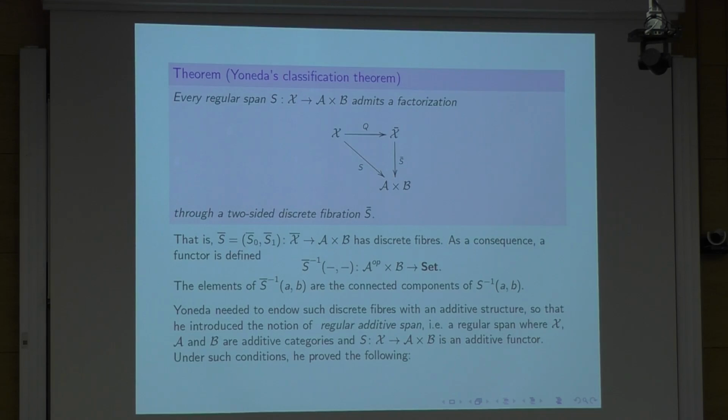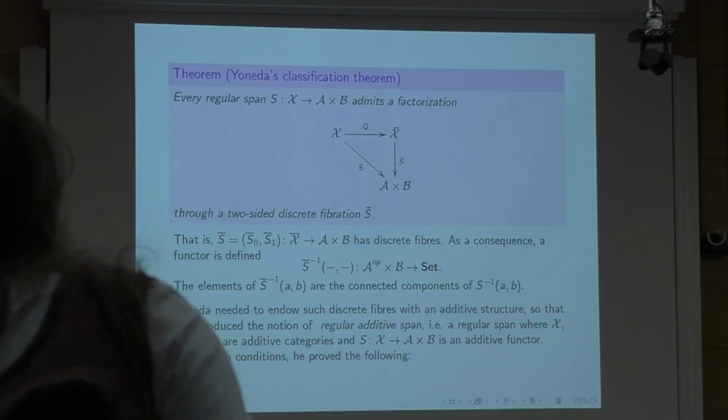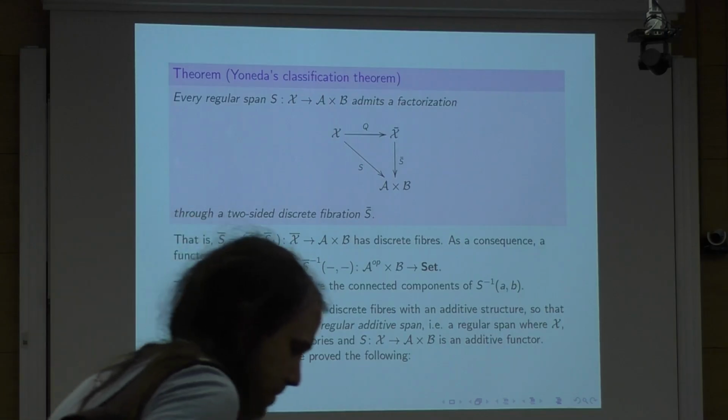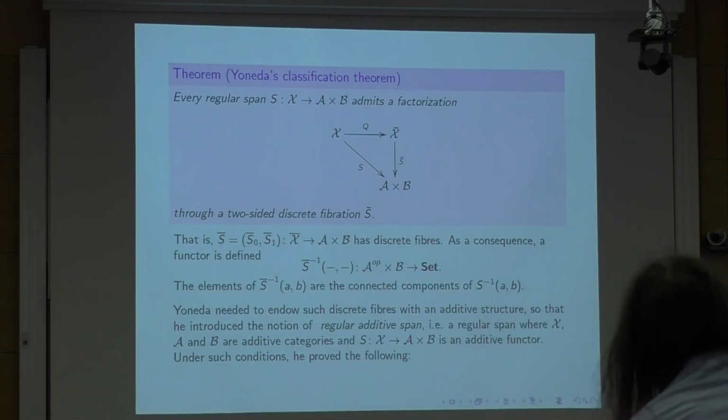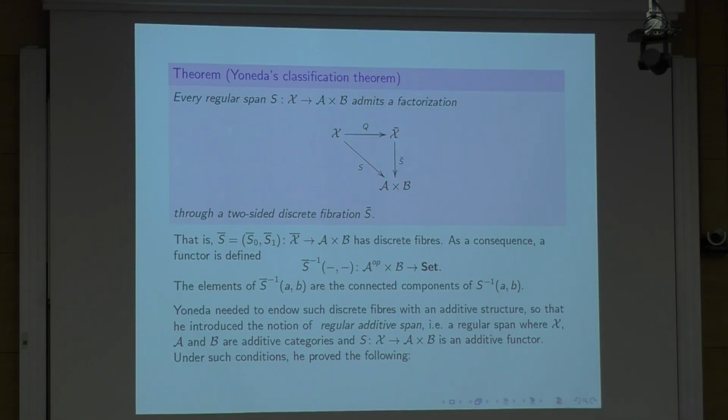But what Yoneda was interested in was to endow these discrete fibers with an additive structure. So he introduced the notion of regular additive span. So easy, it's just the regular span where the three categories involved are additive categories.